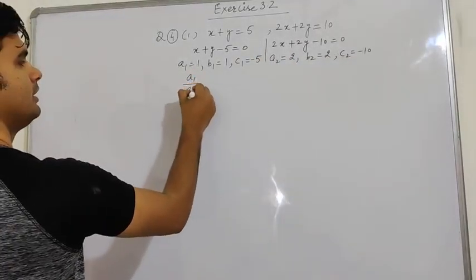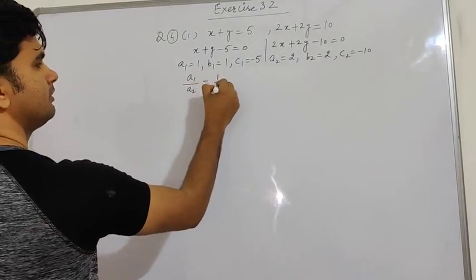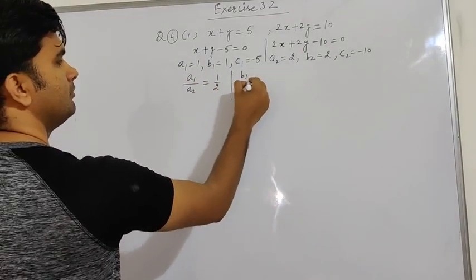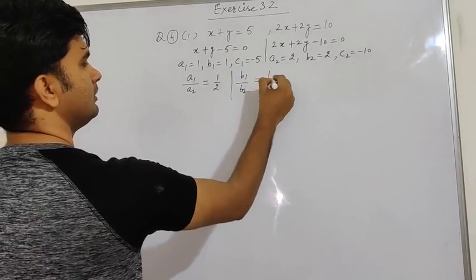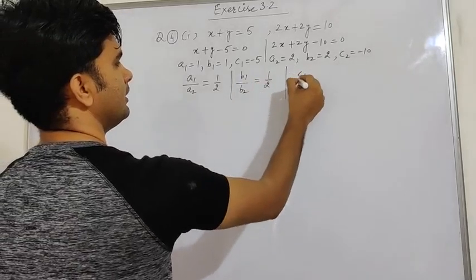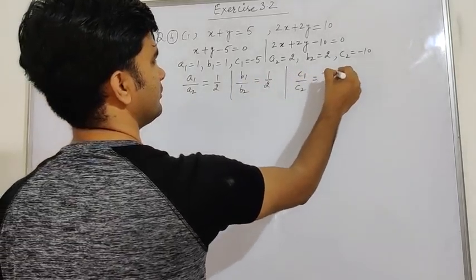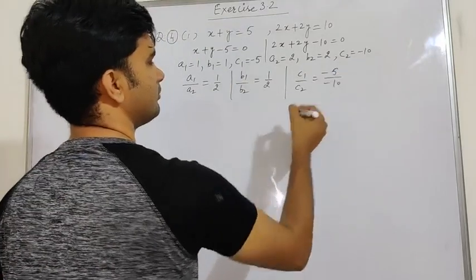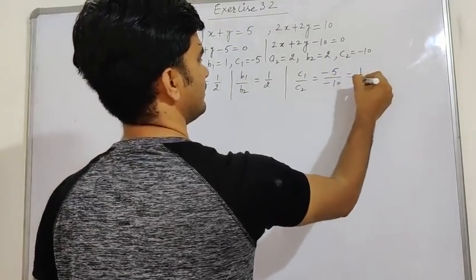Right, here a1 by a2 is 1 by 2, b1 by b2 is 1 by 2, and c1 by c2 -5 upon -10, 1 by 2.